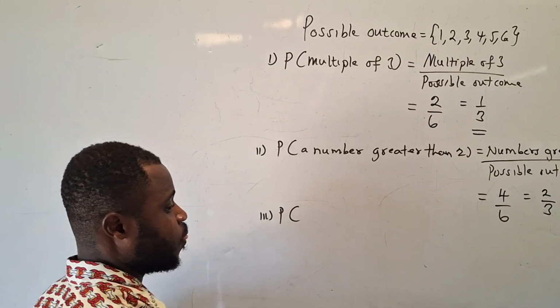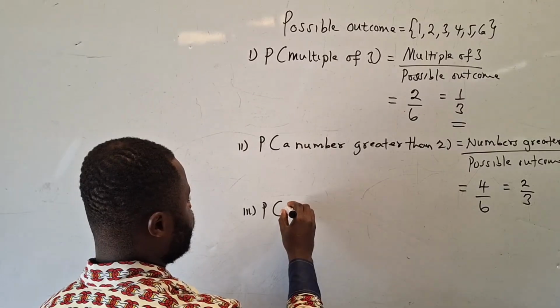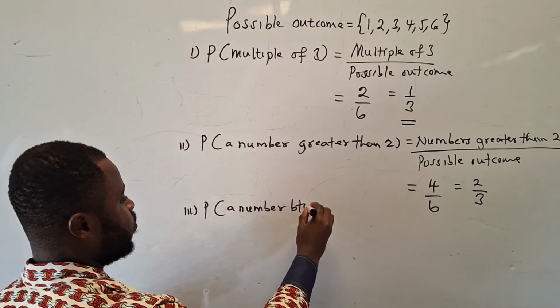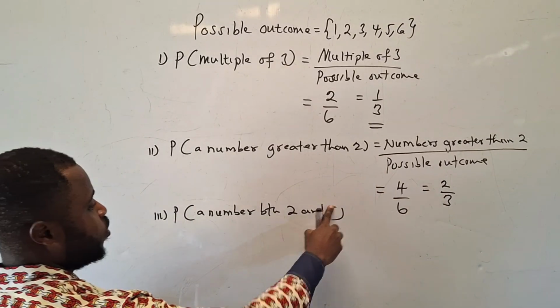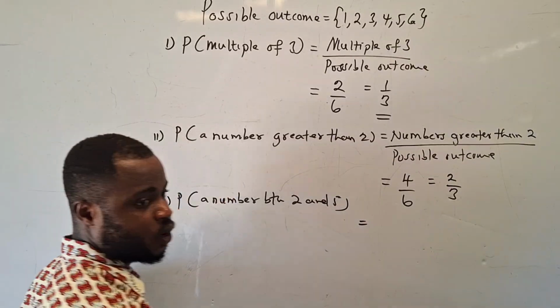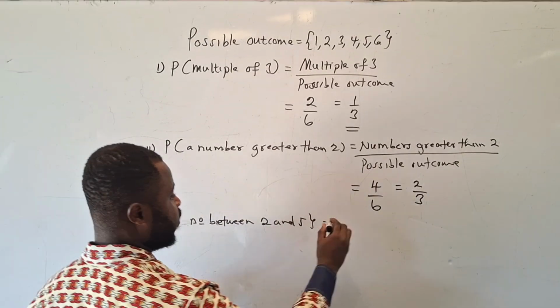The third says a number between 2 and 5.